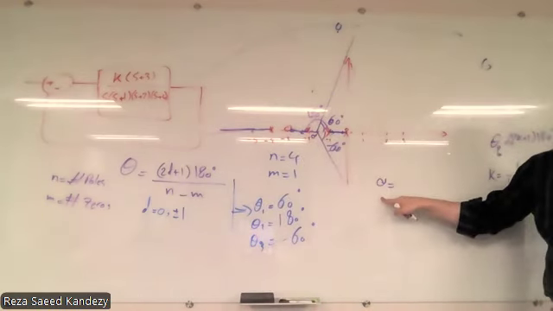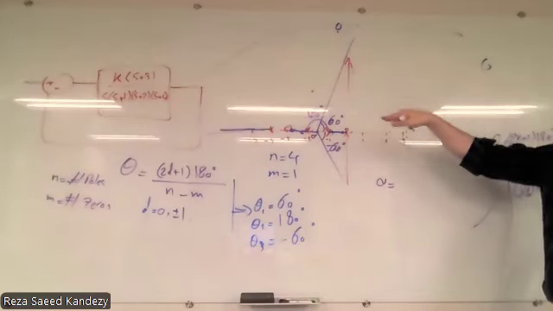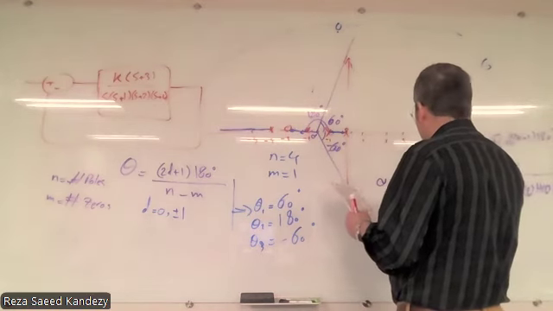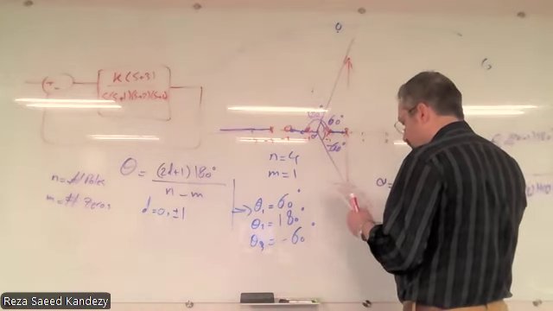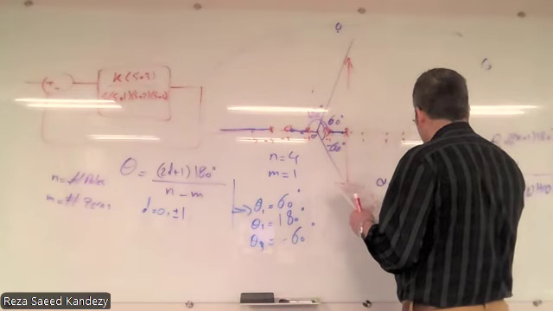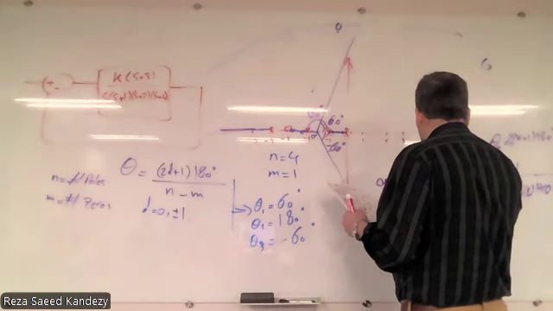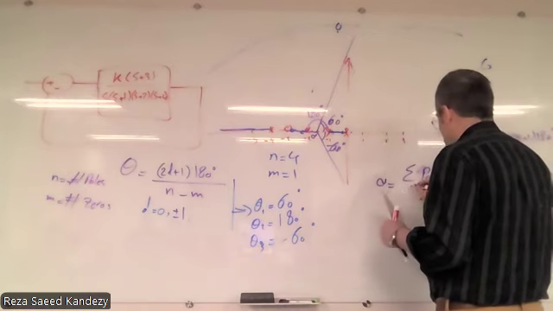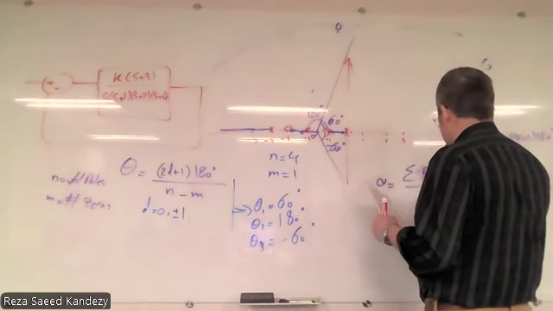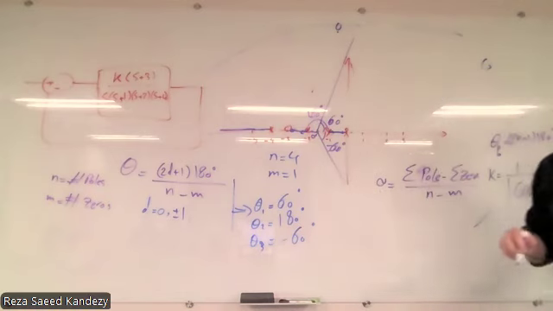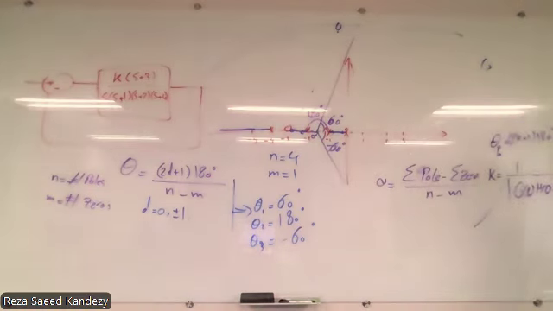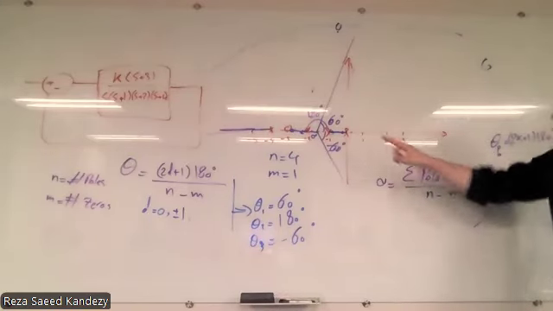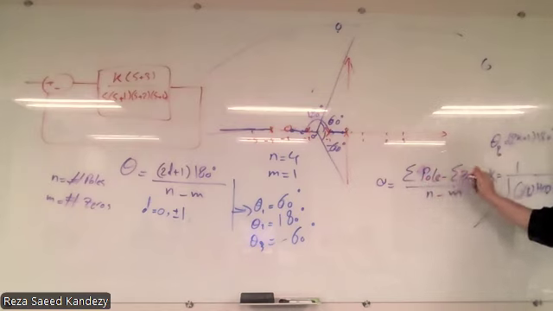That delta, that point where those lines would cross the real axis, can be found by the summation of the finite poles minus the summation of the zeros, divided by, again, n minus m. Now, for this example, what is the summation of the poles?